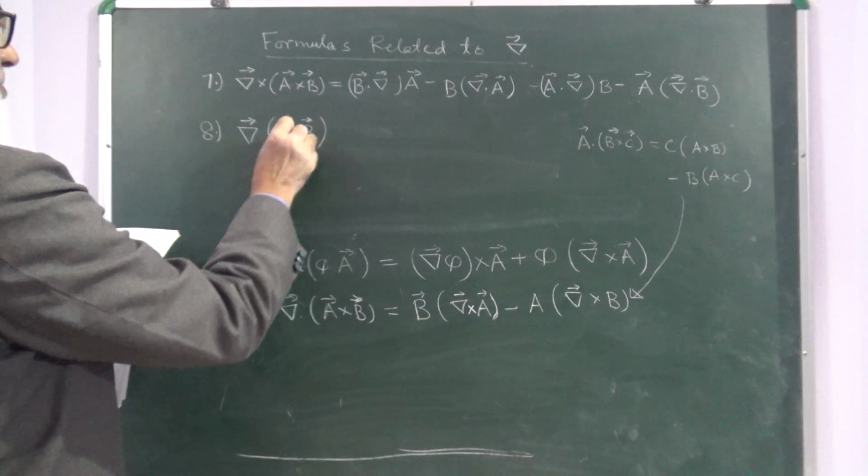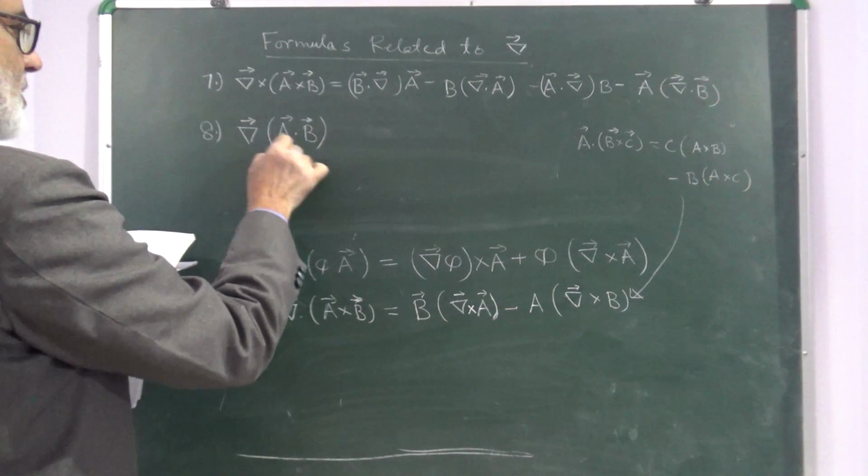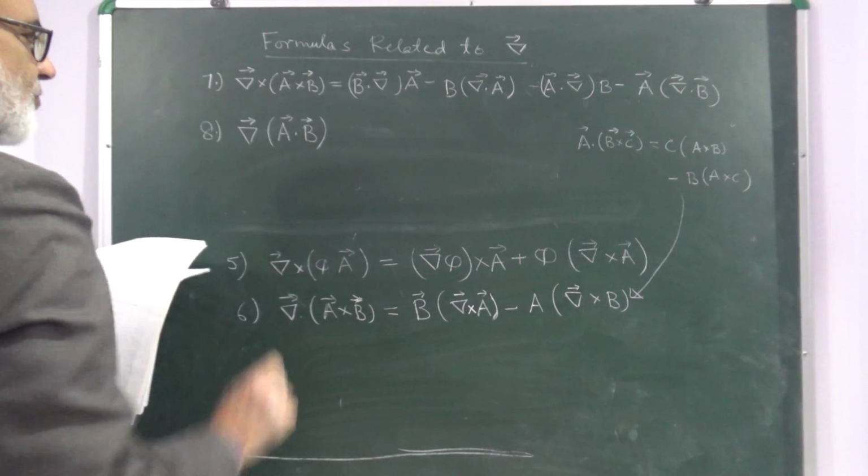This is the gradient of A dot B. A dot B will result in a scalar field.